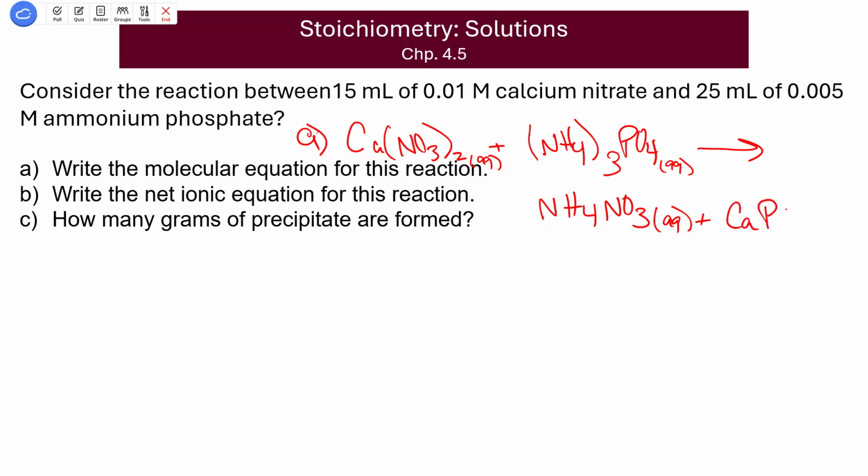And I will tell you that this is solid. Okay, so which one's your precipitate? Calcium phosphate. Yep. Is this reaction balanced? Nope. Quickly balance it. You can work with the person next to you.